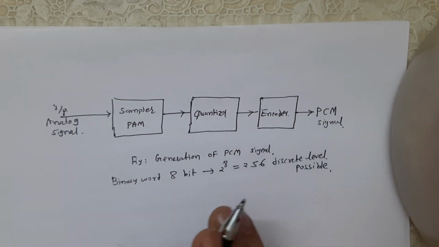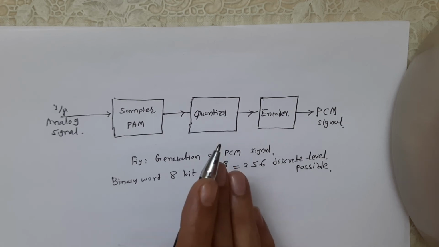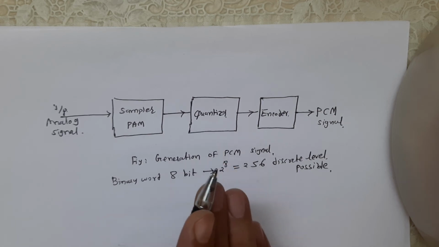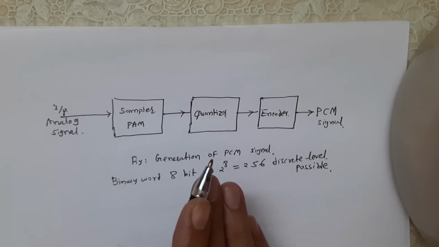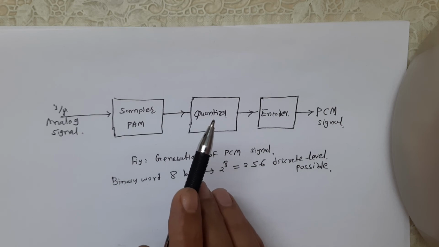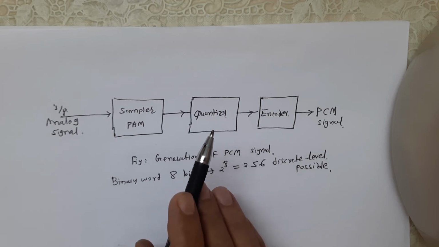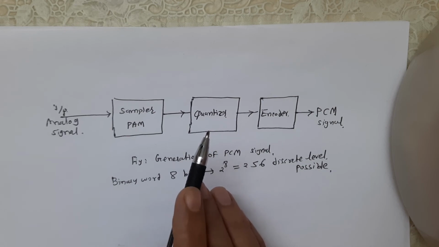In this way, each of the discrete amplitude levels can be uniquely represented by a binary word. Hence, each analog value is sampled by the PAM process, quantized and represented by a binary word.